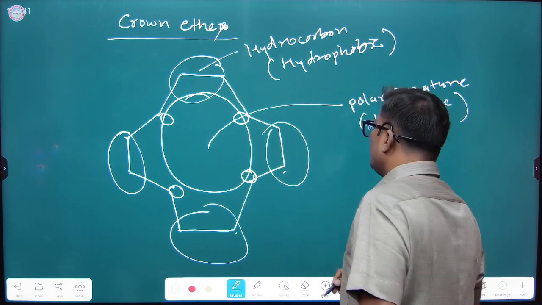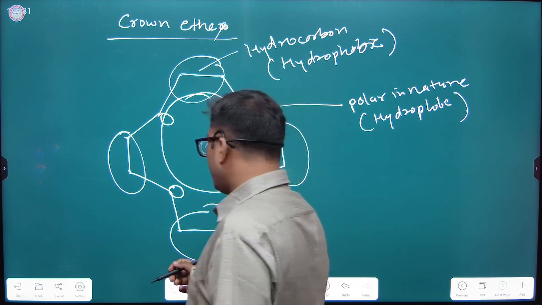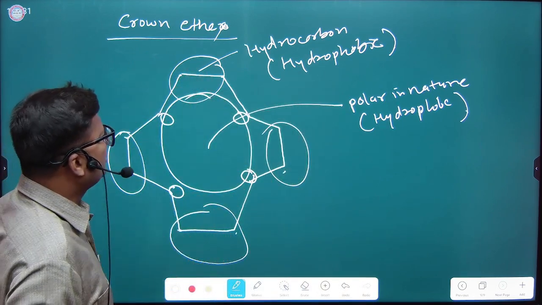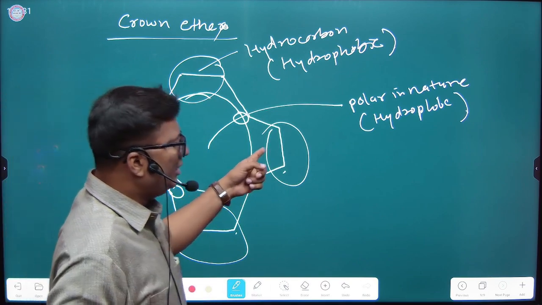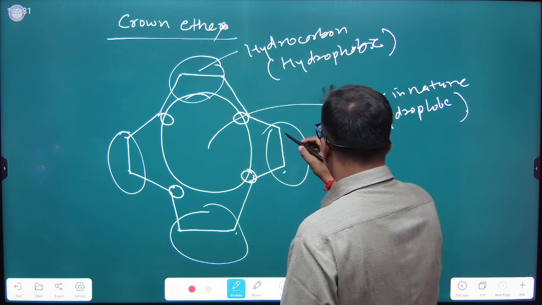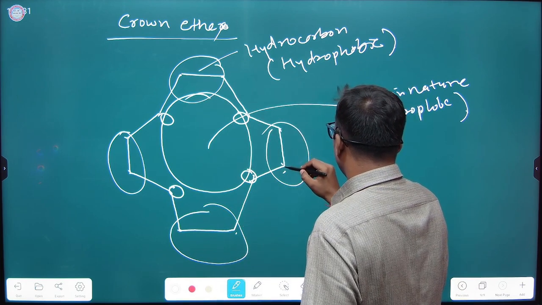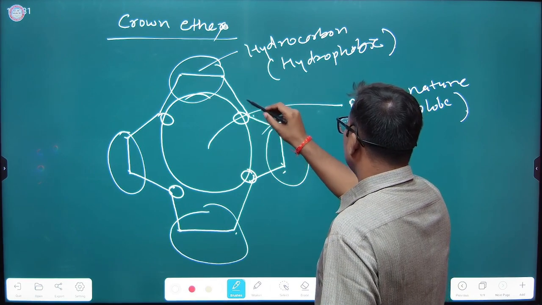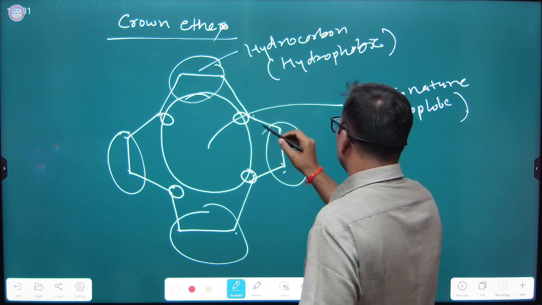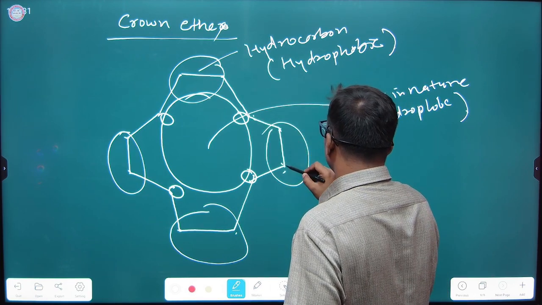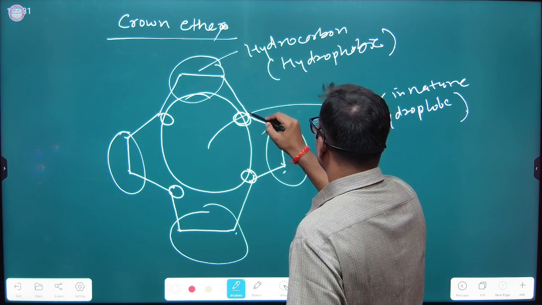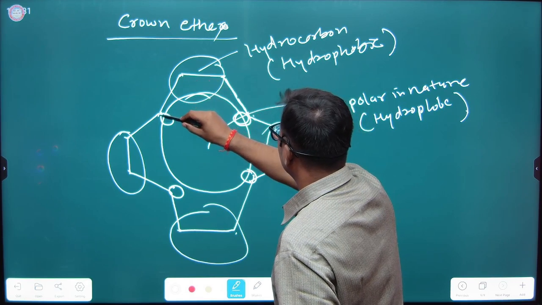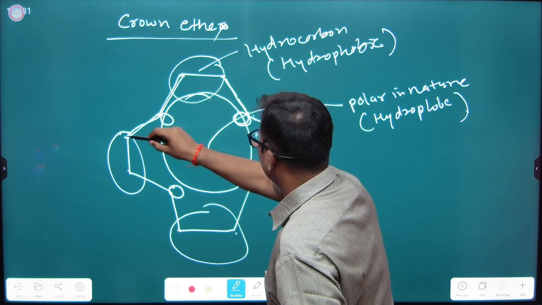If you think of the structure of crown ethers, which is formed through ethylene oxide, CH2, CH2, each oxygen is connected with 2 CH2. This oxygen is connected with one CH2 and another CH2. Further, this oxygen is connected with this, and this is connected with this, right?